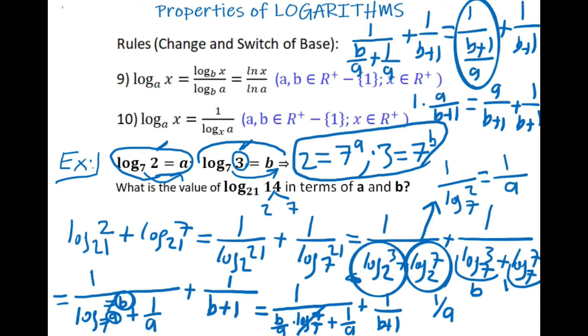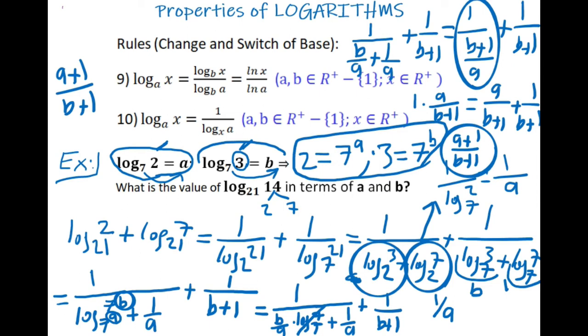And now denominators are the same, so we just add the numerators. So it's going to be a plus 1 divided by b plus 1, which is the final answer. I'm going to write the final answer at the very left at the top as a plus 1 divided by b plus 1. I'm sorry it looks like a mess, but if you can follow what I did here step by step, then it might help you more.